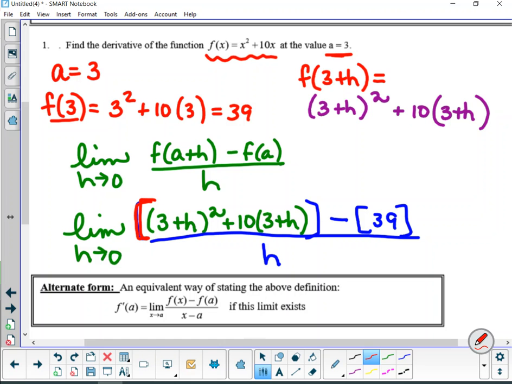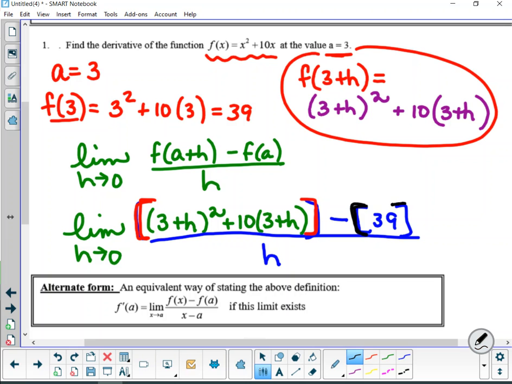Everything here in these brackets is that part, f of 3 plus h, or f of a plus h. In this problem, a is 3. Everything in this bracket, that 39, came from here.